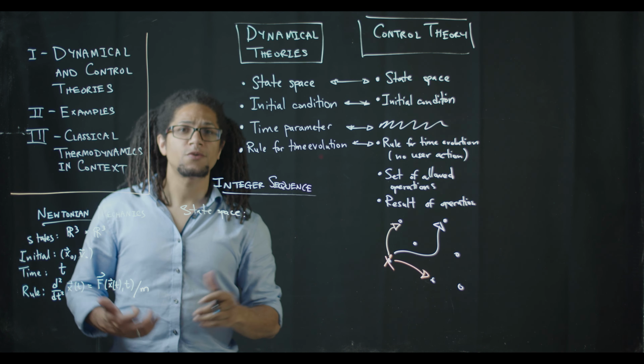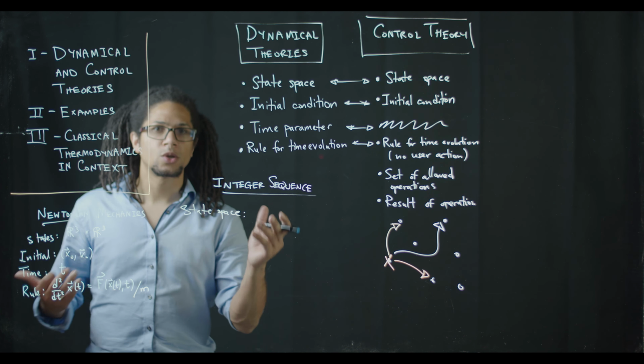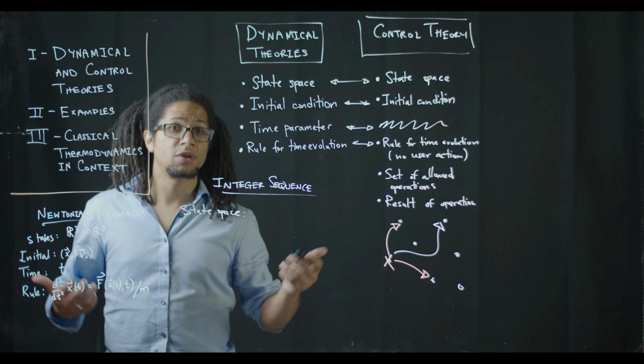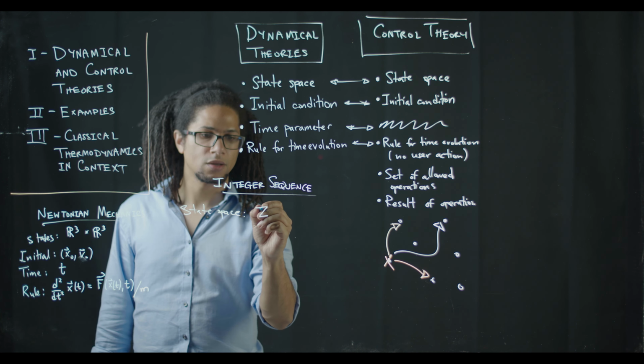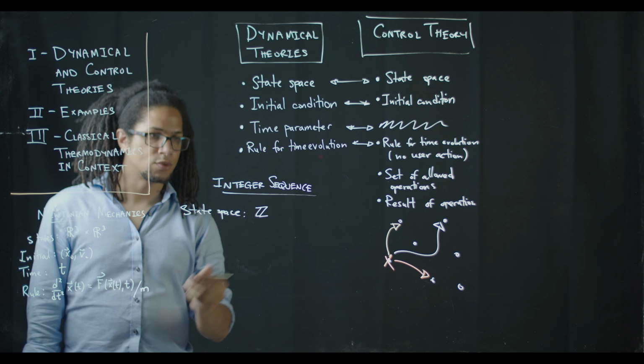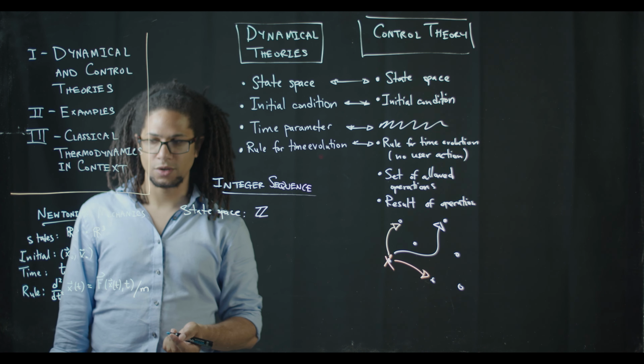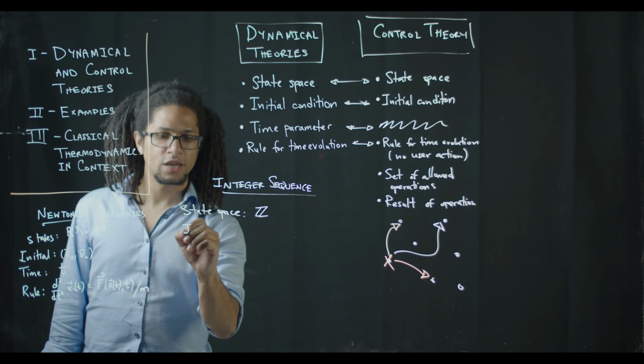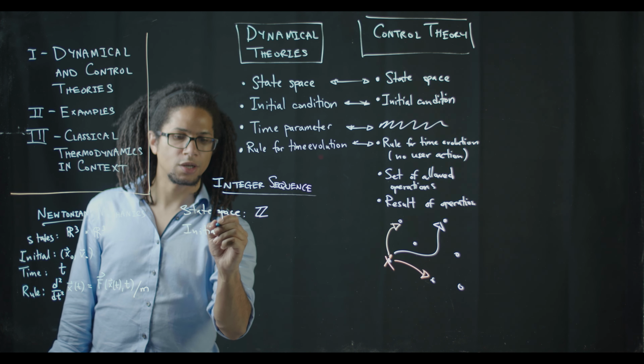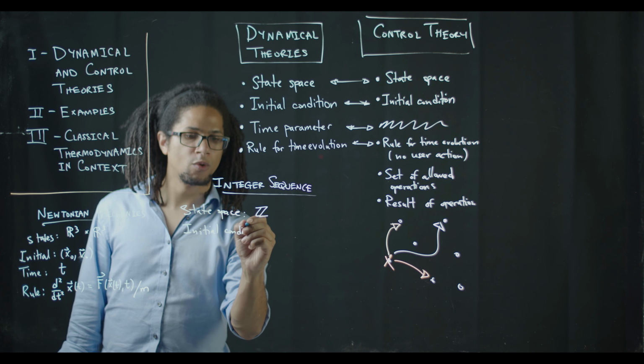Just for concreteness, let's focus on the Fibonacci sequence. So here the state space is going to be the integers, math bold Z.